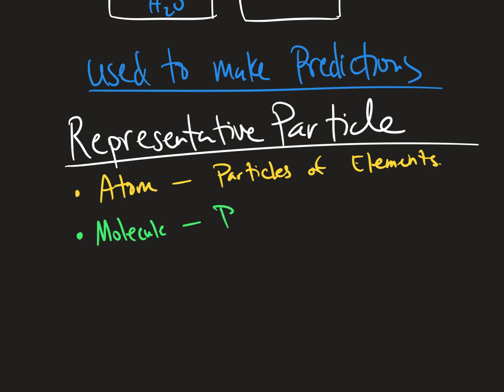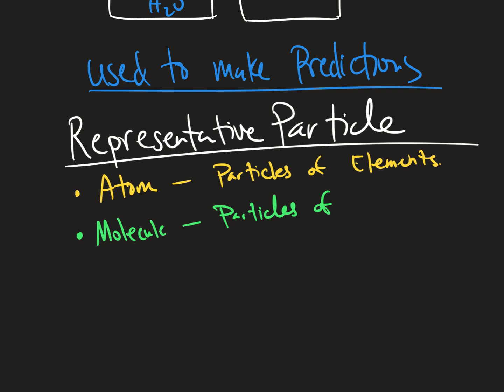So a molecule is a particle that represents a compound, more specifically a covalent compound, but a lot of times they get used for any type of compound. Have you heard of a molecule of salt? It's not the correct name for it, but everybody uses molecules of salt.